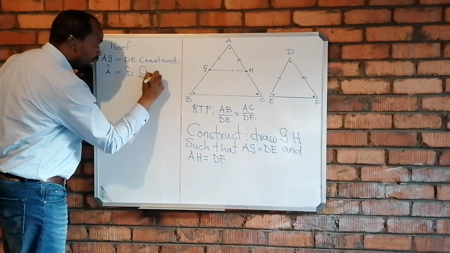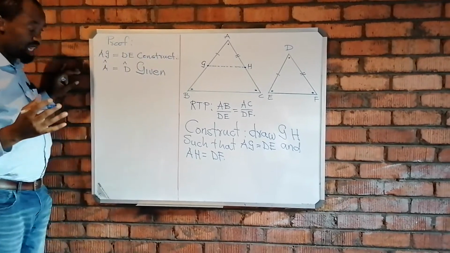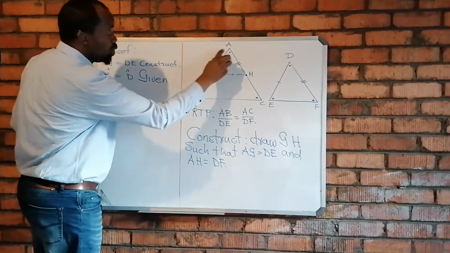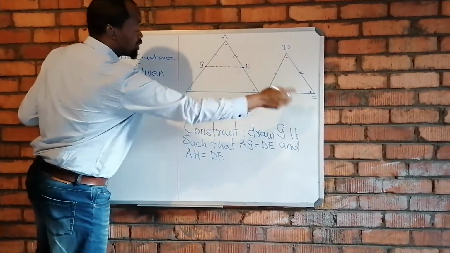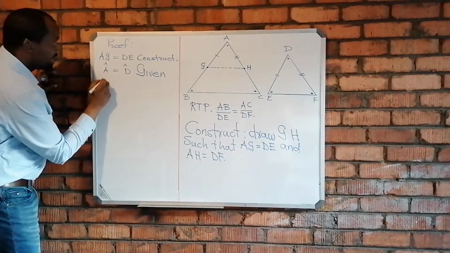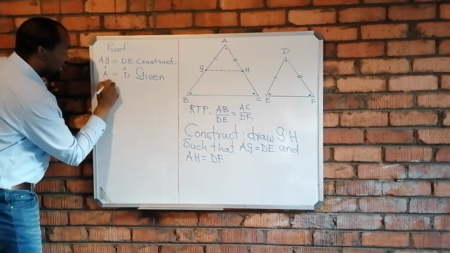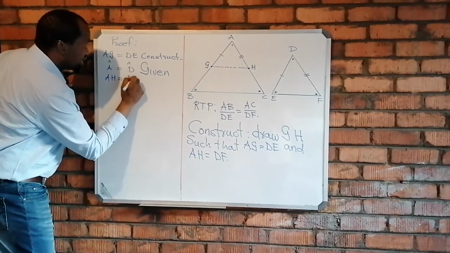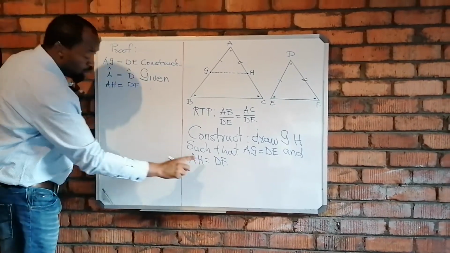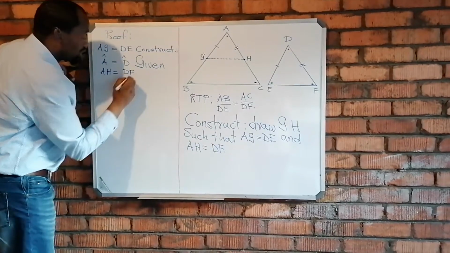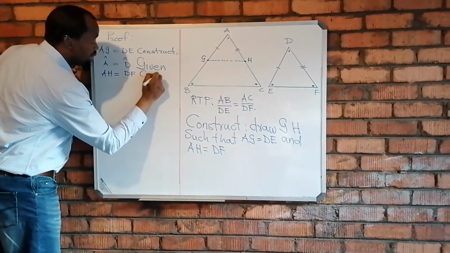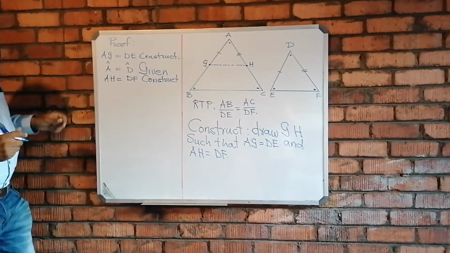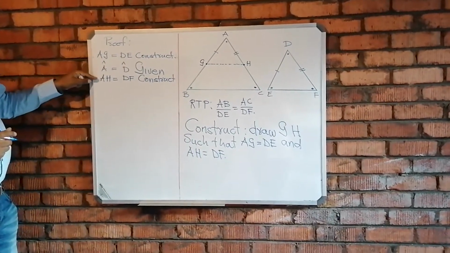That is why I'm going to say given, because the information was provided. Next, I know that this side is equal to that side. That is, AH is exactly the same as DF. How do I know that? It is from my construction. That is why I'm going to say construction.